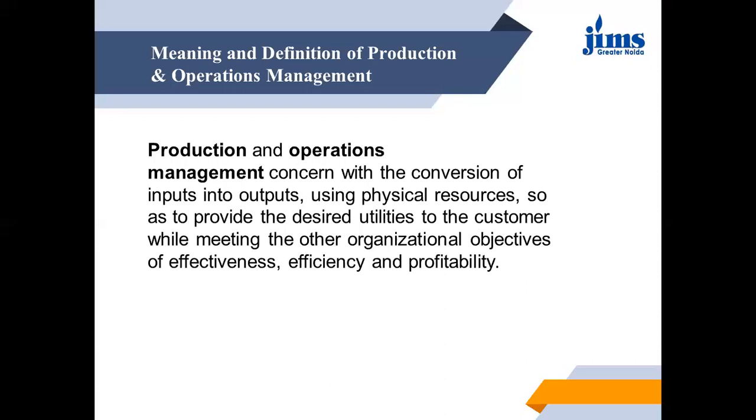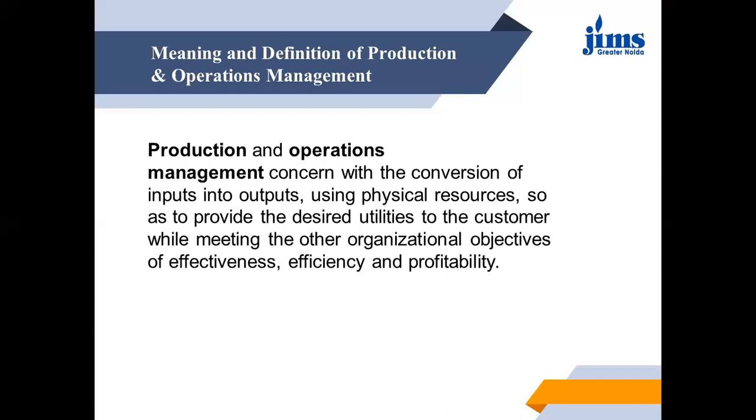Now, if I divide this definition, I have four major aspects to be understood. The first one: production and operations management is concerned with conversion. That means it is a conversion process.